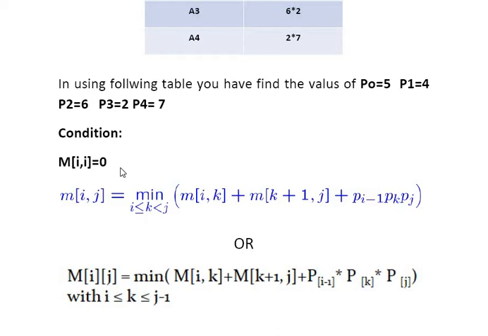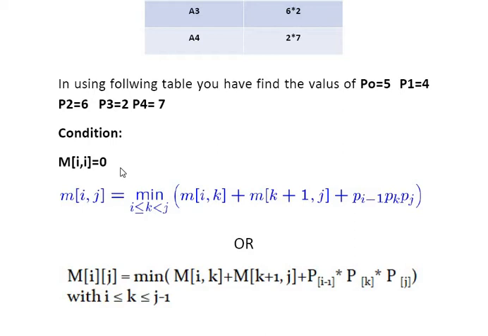But the important part is that the i value is 0. It means your diagonal value is always 0. So the first condition is that in the matrix we represent the diagonal value as always 0.